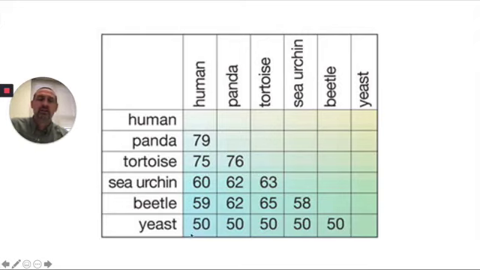So rather than humans and yeast being very different but yeast and beetles being very similar, we find that yeast and beetles are just as different as humans and yeast. So rather than a branching picture, it looks more like a picture where they're equally spaced apart, equally different.